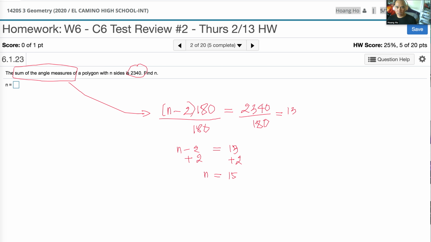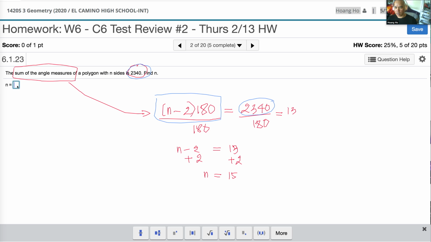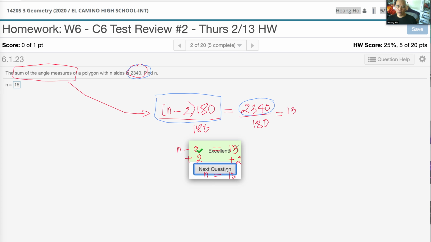Again, when they ask you for the sum of the interior angles, this is the formula: (n minus 2) times 180, set equal to 2340, and then you solve this equation for n. The answer is 15. Move on to the next question.